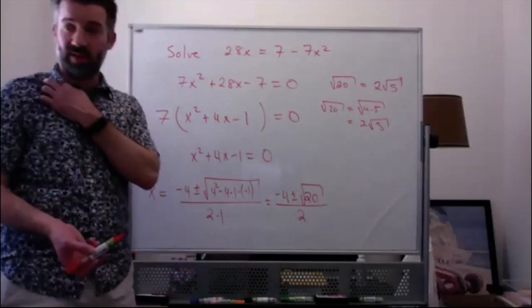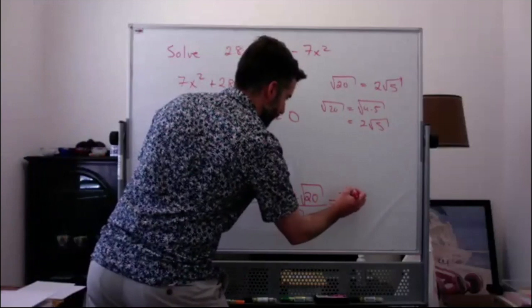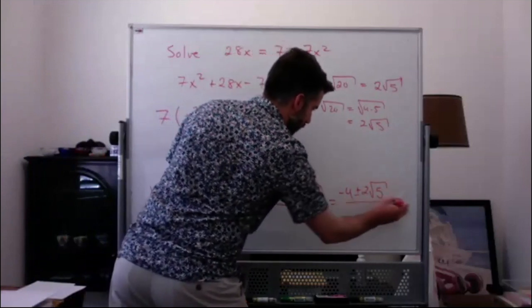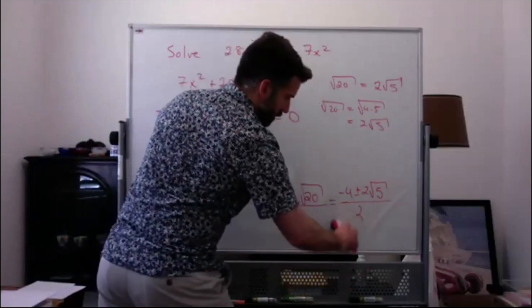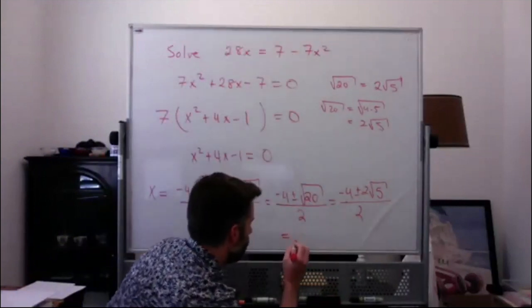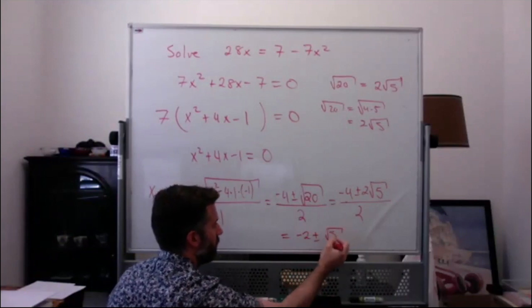But it's also good to know how to do it in case you're not. So this is -4 plus or minus 2 root 5 all over 2. And then each thing divides by 2, so we end up getting -2 plus or minus the square root of 5.